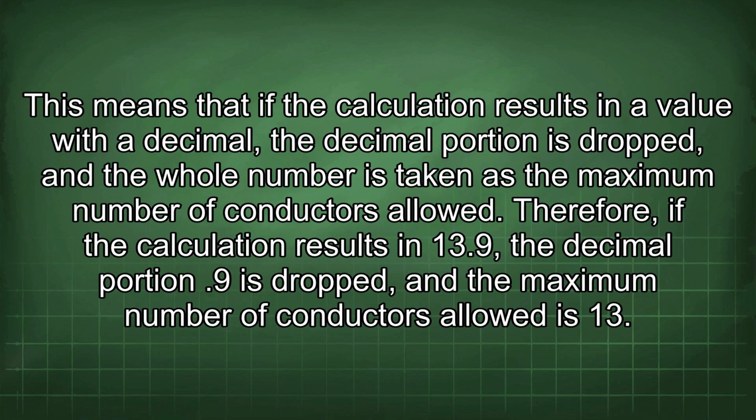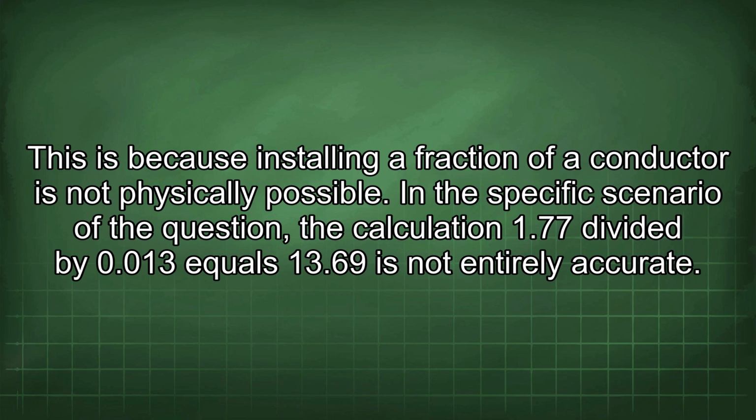This means that if the calculation results in a value with a decimal, the decimal portion is dropped, and the whole number is taken as the maximum number of conductors allowed. Therefore, if the calculation results in 13.9, the decimal portion, 9, is dropped, and the maximum number of conductors allowed is 13. This is because installing a fraction of a conductor is not physically possible.